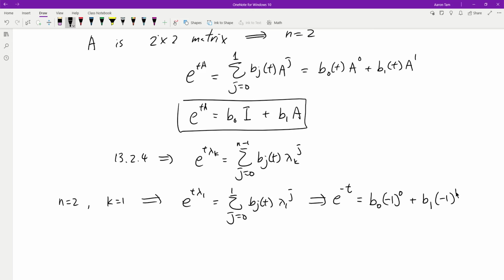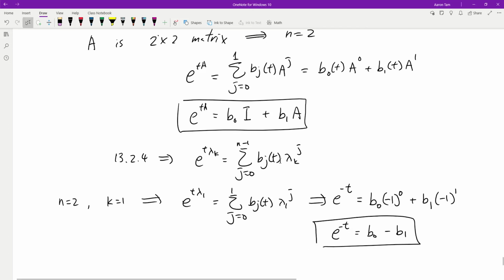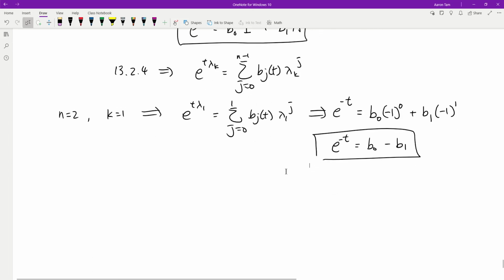So -1 to the 0 power is 1, and -1 to the first power is -1. Therefore, this results in this equation. Remember, we are basically working off of a system of equations. In this case, with a 2 by 2 matrix, we will be working with a system of 2 equations.